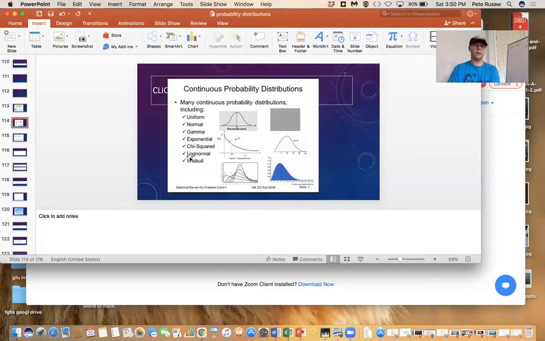Chi-squared will come later. Today we'll look at log normal, Weibull, and also a beta distribution. They're all kind of related to each other, but they have pretty complex functions. To calculate our probabilities, we will have to integrate those functions, which isn't too bad. It's kind of fun.